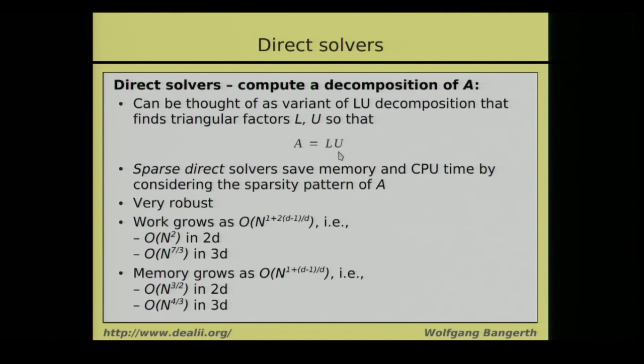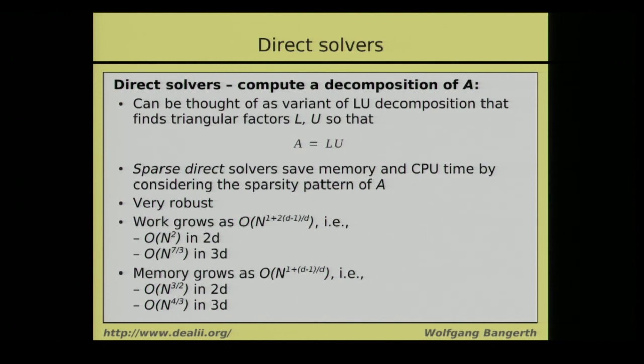An LU decomposition is, I give you a matrix A, and you come up with 2 matrices L and U, so that the product of L and U equals A, and so that L is lower triangular and U is upper triangular. And we want it this way because then I can solve a linear system Ax equals b by one forward substitution and one backward substitution step.